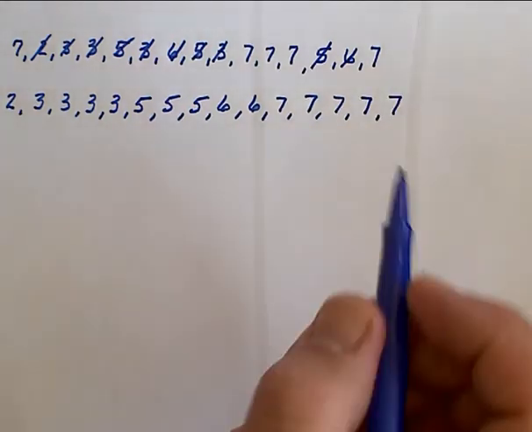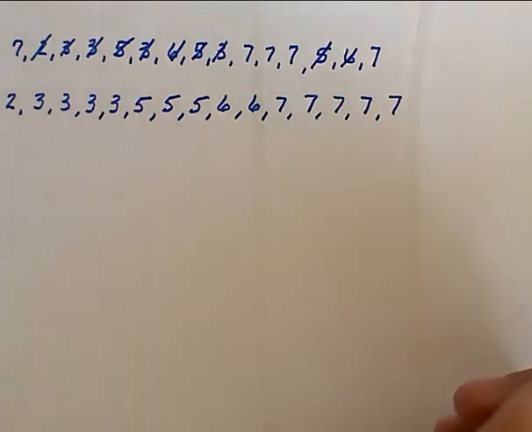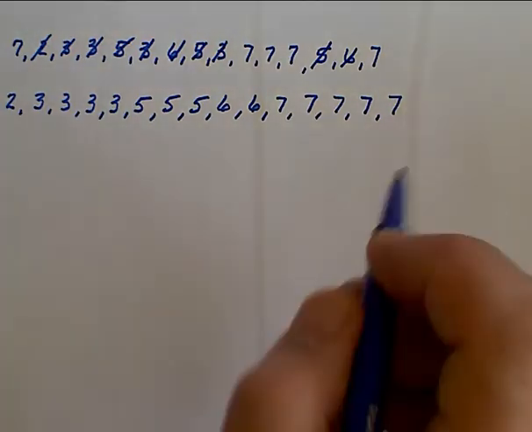Okay, 3, 6, 9, 12. Okay, so I still have my same 15 numbers. This time they've been arranged in order, from least to greatest.